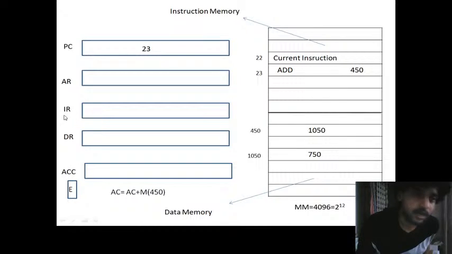I don't want to talk about instruction register, because you know what an instruction register is. Yes or no? What is data register? The data register is going to hold the current operand of the instruction. In our case, we got an address 450. Under 450, there is a value 1050.